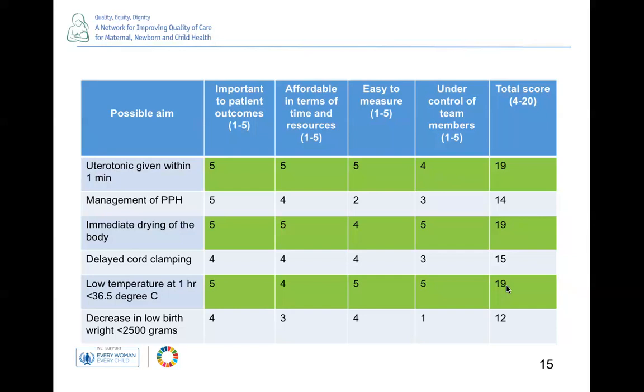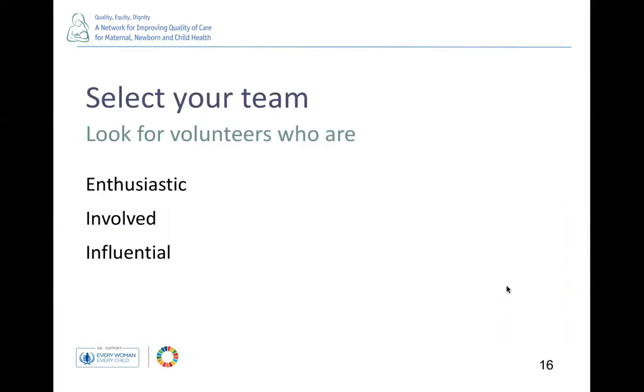And for doing this, once we have picked a problem, we need to make a team. Team members should be picked based on how they can contribute to reaching the aim.